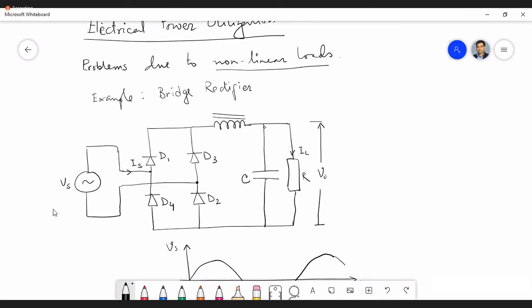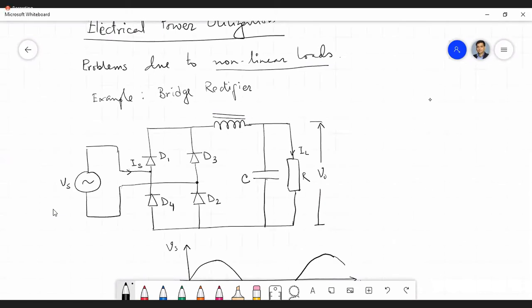So that means the purpose of using this capacitor is to eliminate the voltage ripple. As a capacitor doesn't allow any change in voltage, therefore the capacitor will be used to filter out the ripple in the voltage waveform. And the inductor is used to eliminate the ripple in the current waveform.